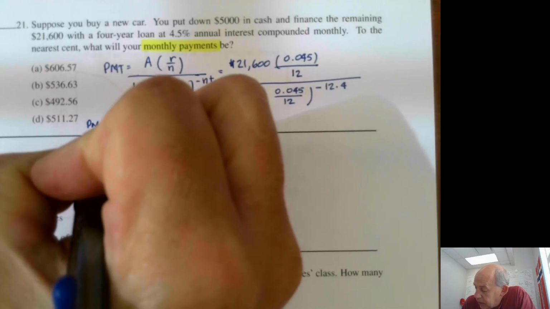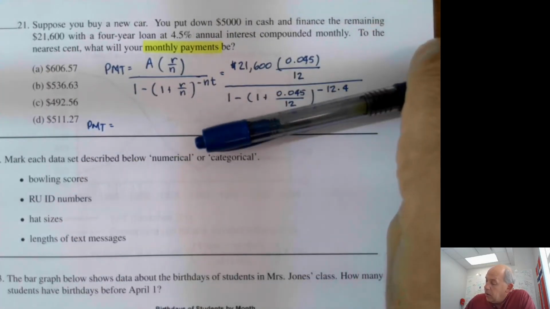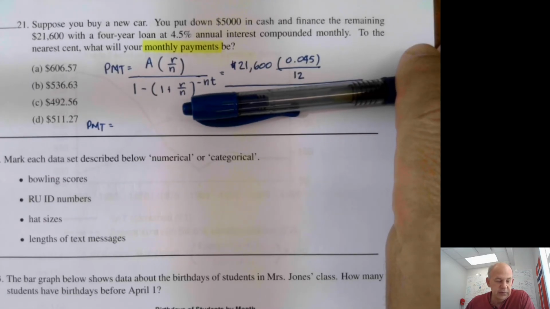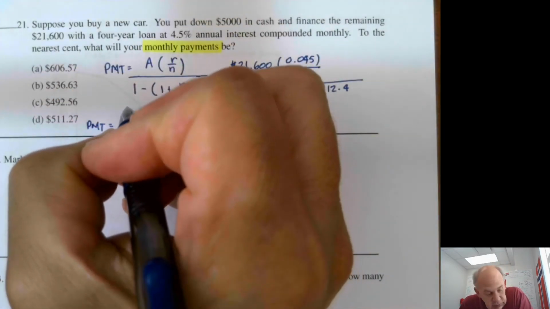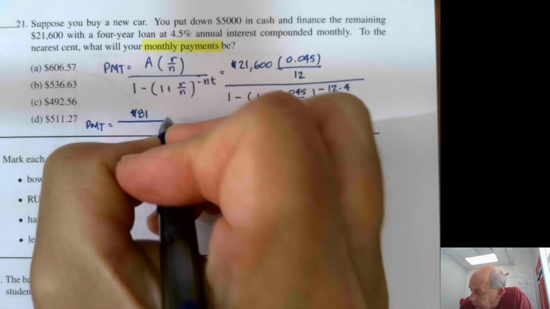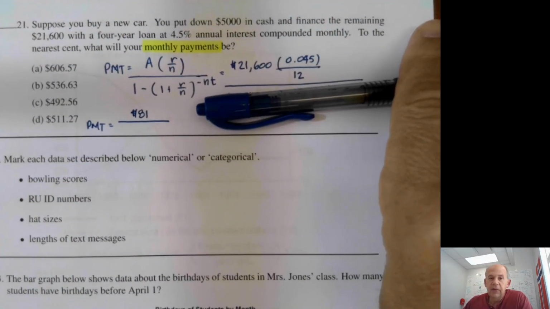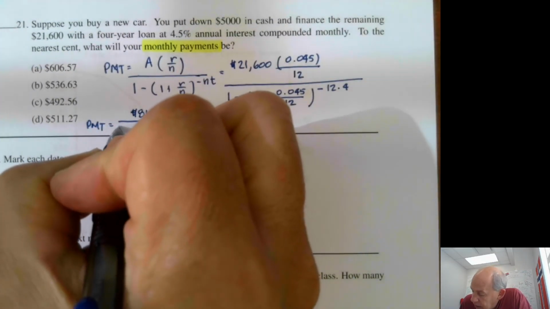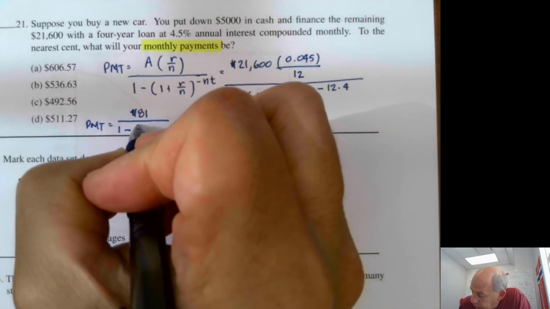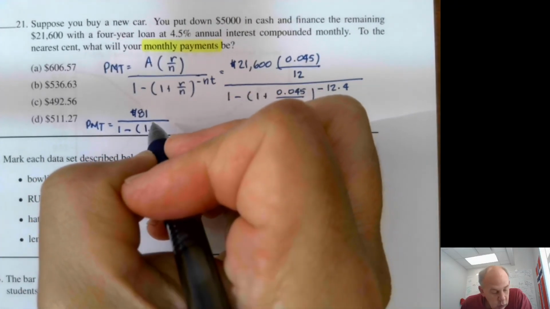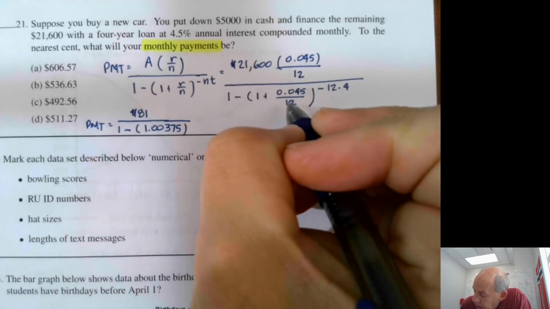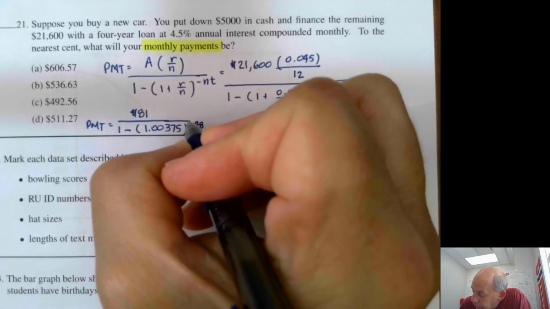So my monthly payment: multiplying the two values up top first, that 21,600 times those values would give me 81 upstairs in the numerator. I just blocked all of that off, and then downstairs I have 1 minus 0.045 divided by 12 plus 1, which is 1.00375, and I'm going to raise that to the negative 48 power.